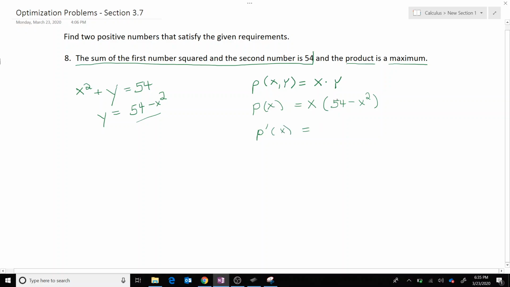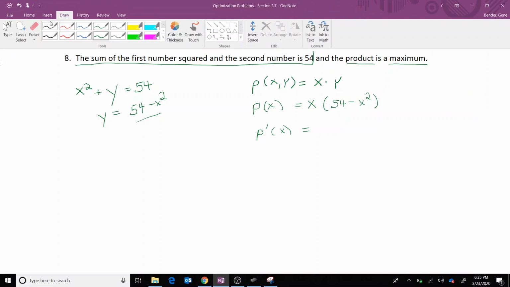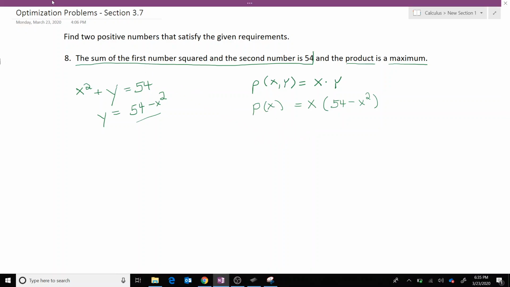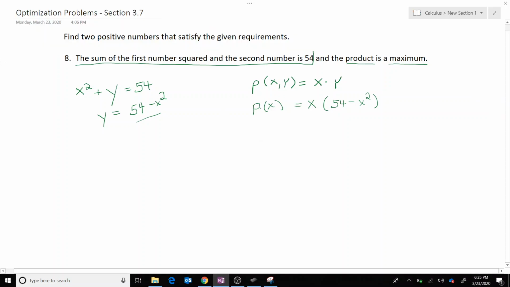And you know what? Actually, before we do p prime here, let's make this a little easier on ourselves. Let's rewrite it as 54x minus x cubed.